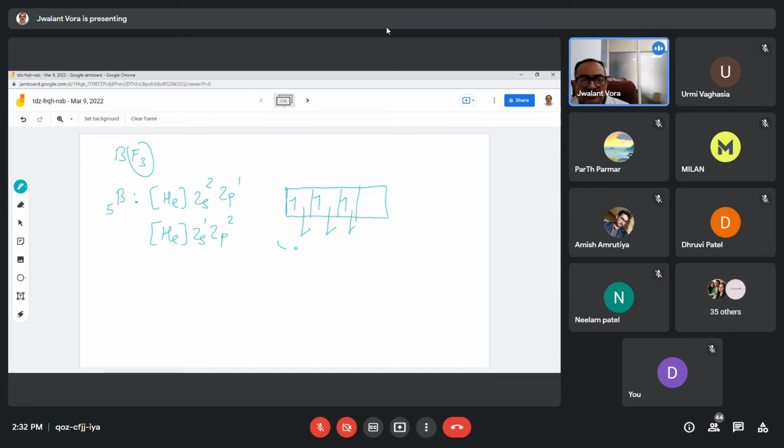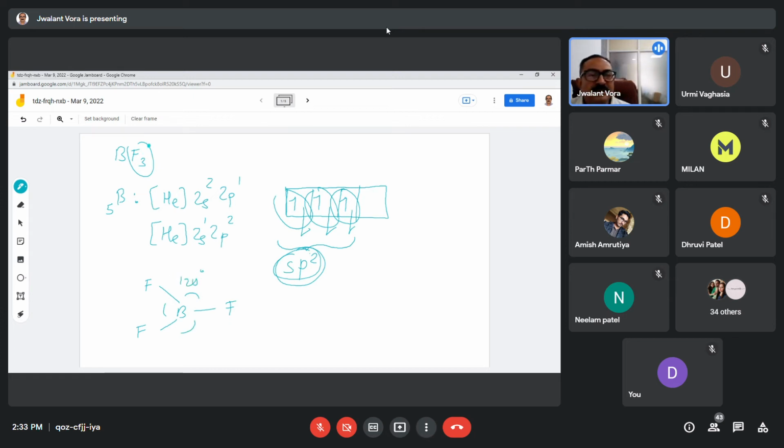This is sp2 hybridization. So if 3 pairs are there in the valence outer shell, it should have sp2 hybridization with a planar triangle shape with a bond angle of 120 degrees each.